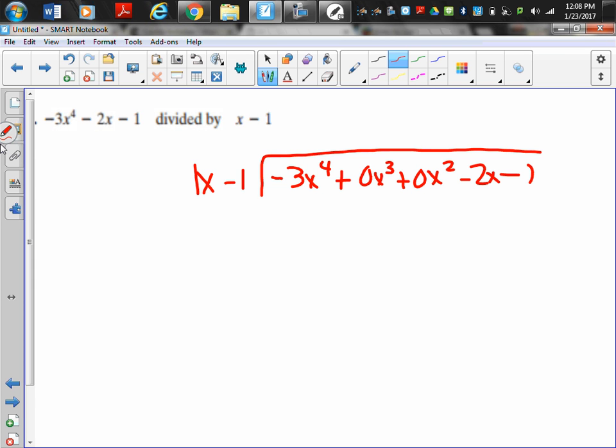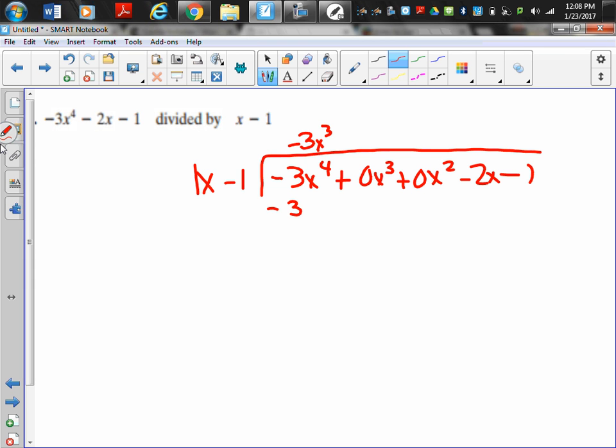Negative what times 3? 1 times 3 is negative 3? Oh, no, negative 3. So negative 3 times 1 is negative 3. Now x, but I have to make it to an x to the 4th. So x times what is x to the 4th? X squared. Not squared. Cubed. So x to the 3rd.